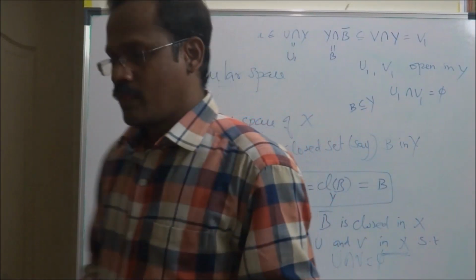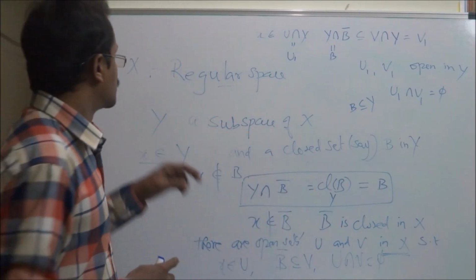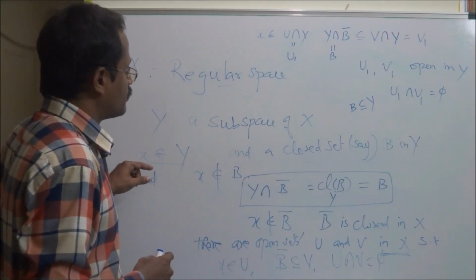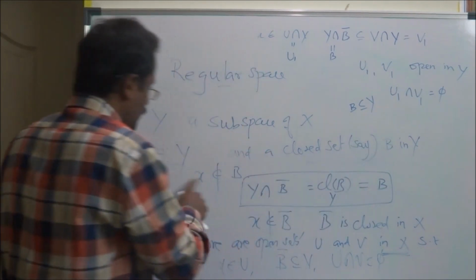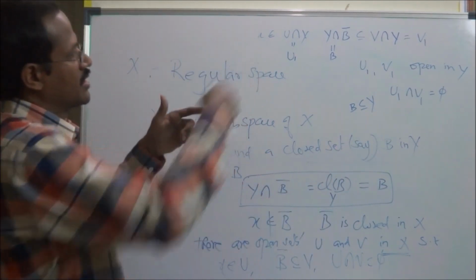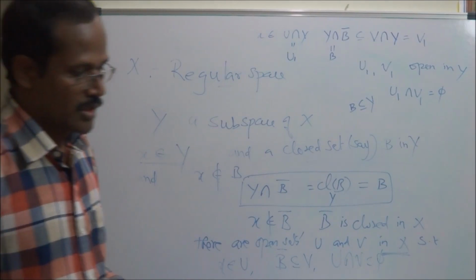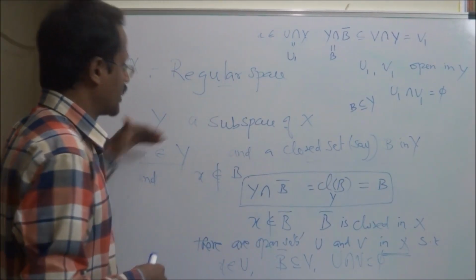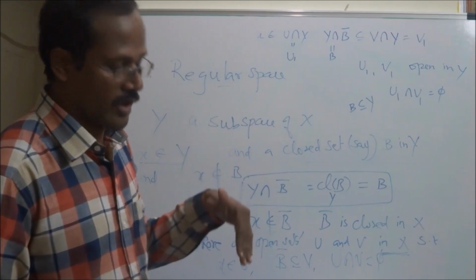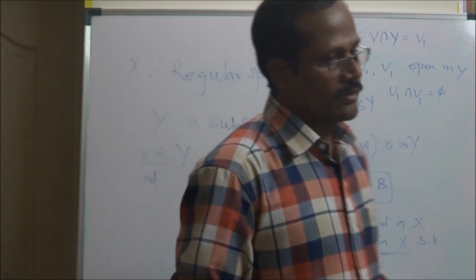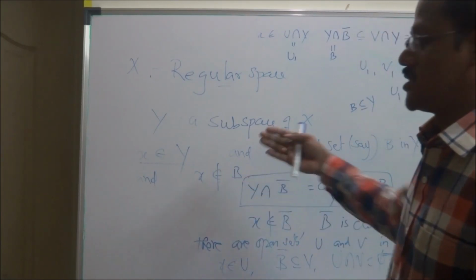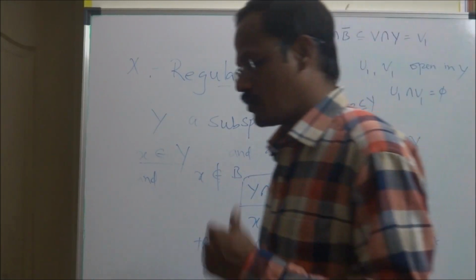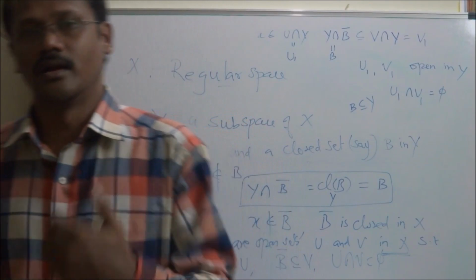That means a point in Y and a closed set in Y not containing the point can be separated by means of disjoint open sets, because we have chosen this point and the closed set not containing the point in Y as arbitrary. This is true for every such pair, which means that Y becomes a regular space.